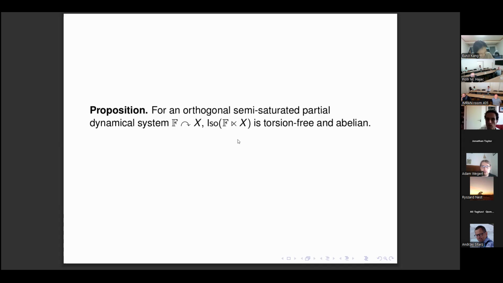As I remember, to show that this isotropy groupoid is torsion-free and abelian, we actually focus on the essential stabilizer group being torsion-free and abelian.